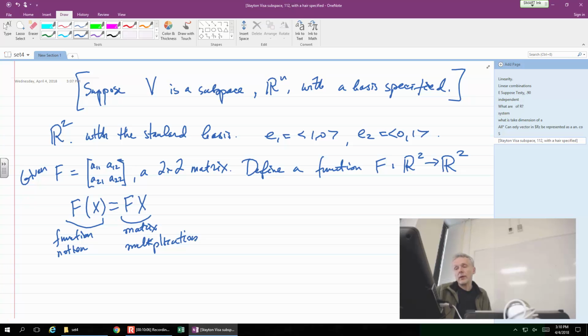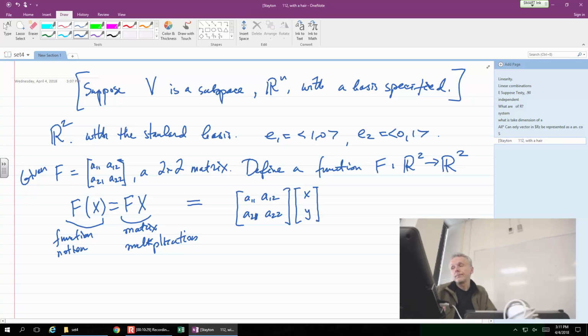If we want to define this through matrix multiplication, now if I want to be specific here, I will write it as matrix multiplication. So it will be a11, a12, a21, a22, matrix multiplied by (x, y). You know, let's make our life easier.